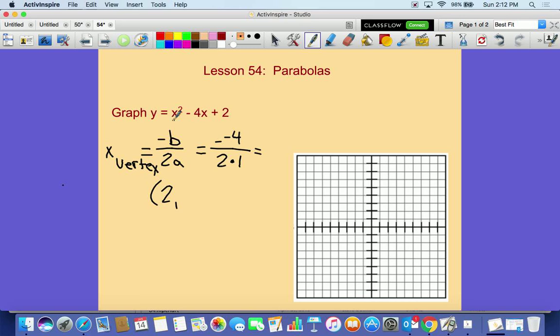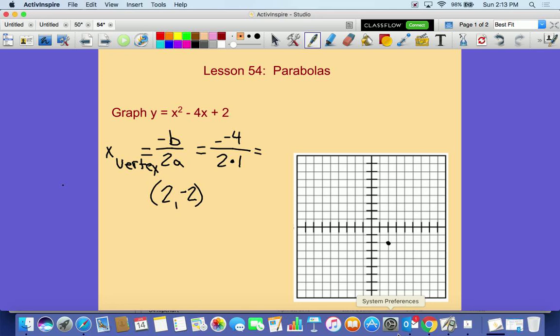So we get 4 minus 8, which is negative 4, plus 2 is negative 2. That is the most important point on your parabola. You need to find your vertex every single time.